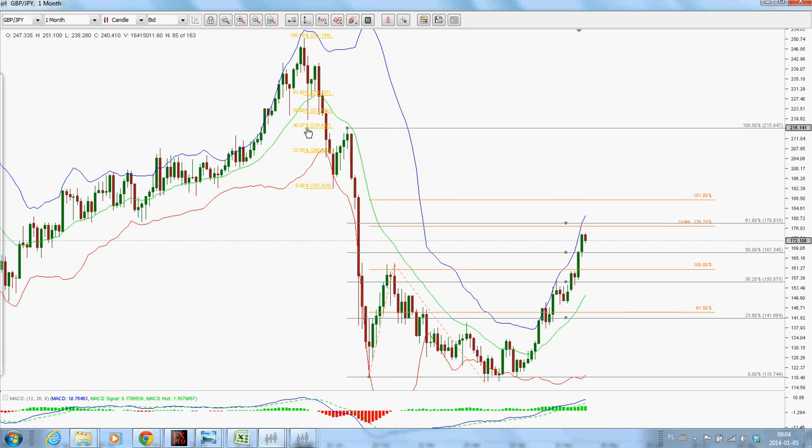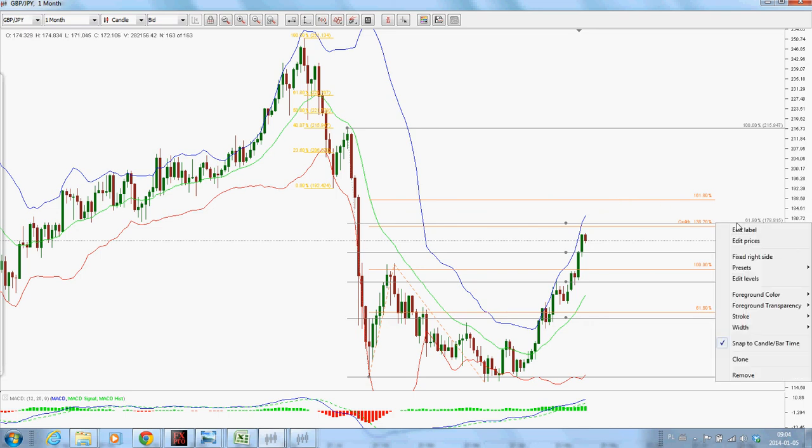This is 38.2, slightly above, so it's roughly 30%. So the second was shallow. The fourth will be deeper, as you know from Elliott.